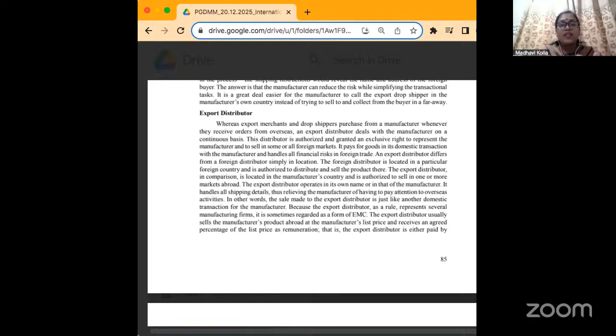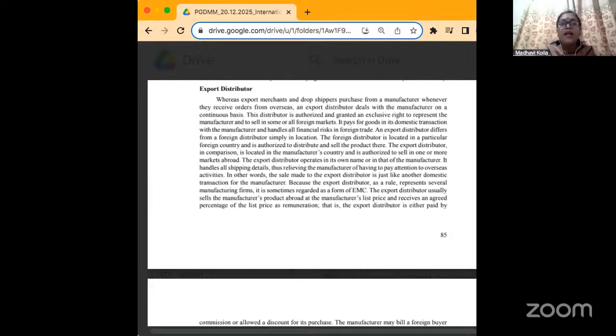It is transactional. Once they have an order, then they reach out to the manufacturer and make the connect. Whereas in the case of an export distributor, it is more continuous. It is long term, and the process is continued in terms of various cycles, and it is not transaction based.